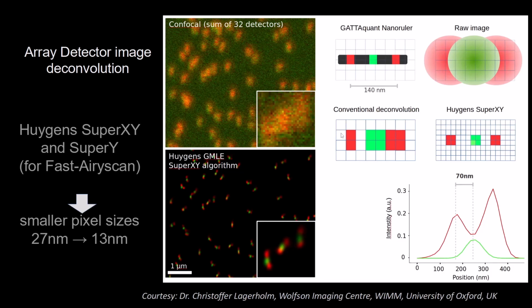With conventional deconvolution, we would not be able to separate these fluorophores, but with Huygens Super XY deconvolution, where we decrease the pixel sizes, we supersample the data, we can efficiently separate these fluorophores. And we measured this for real, and what we can separate is 17 nanometer spacing between 2 different fluorophores. So this is all thanks to Christopher Lagerholm, who provided these images.